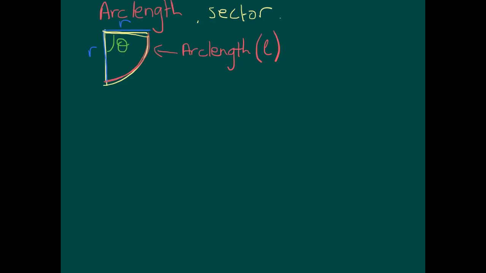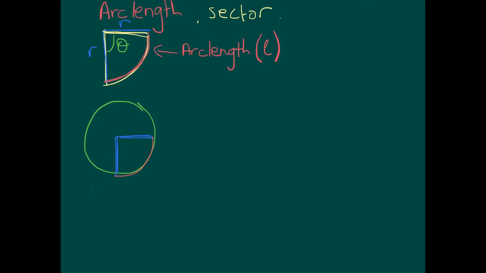Each one is the radius of our circle. So if I draw the circle that this has come from down here, let's say that's our circle, we have taken this sector from here, and this represents our arc length. That's where that little sector has come from.